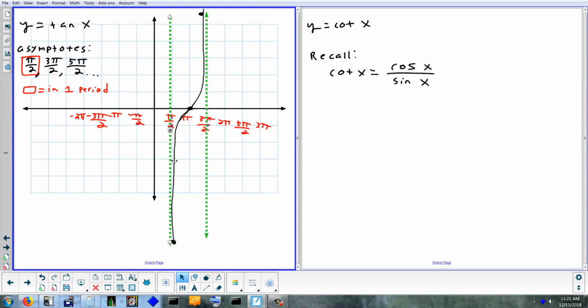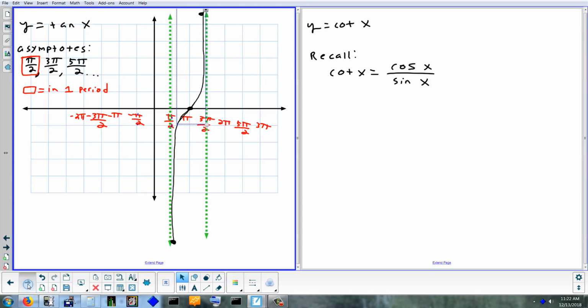Whatever was a 0 in tangent is going to become a what in cotangent? An asymptote, yes. All the zeros and asymptotes switch places because sine and cosine just flipped.